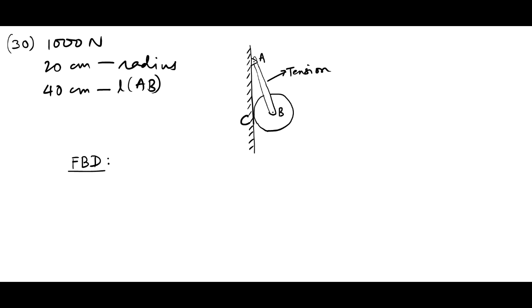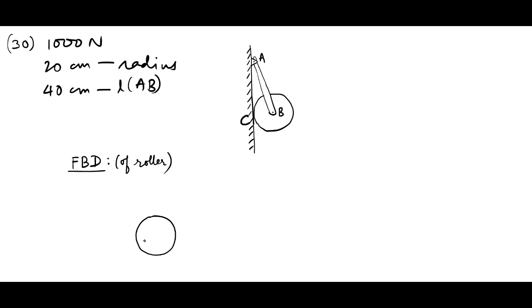You could try it that way also. I think you'll get the answer. But what I will do is I will draw the free body diagram of the roller first, and after that I will follow it with the free body diagram of the rod if needed, and let's see whether we can solve it that way.